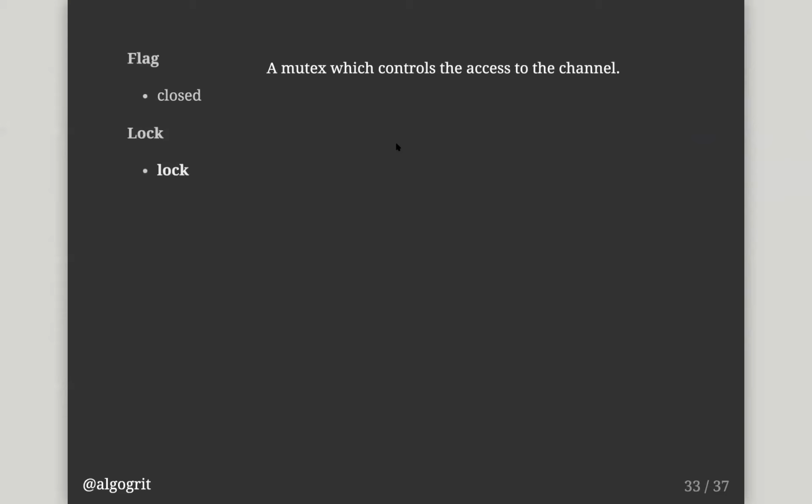Like they do not update the buffer state as well as the send X, receive X, as well as the receive queue and send queue. So channels are thread safe due to locks.